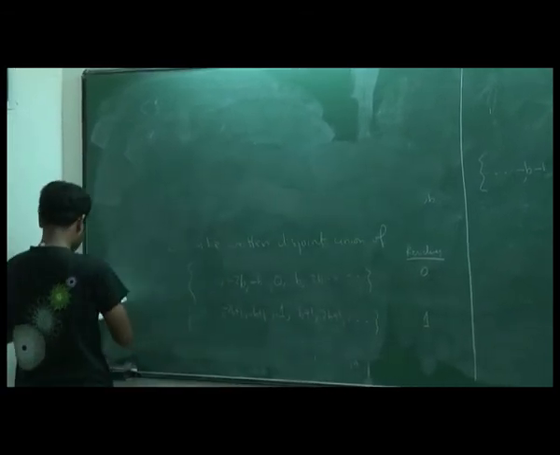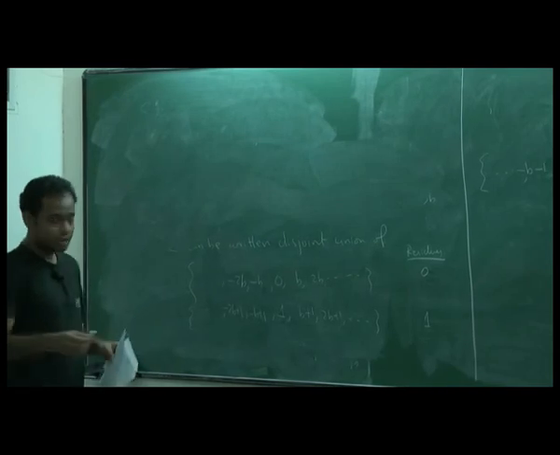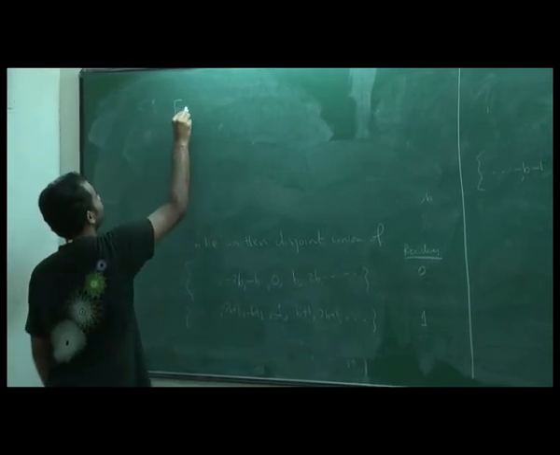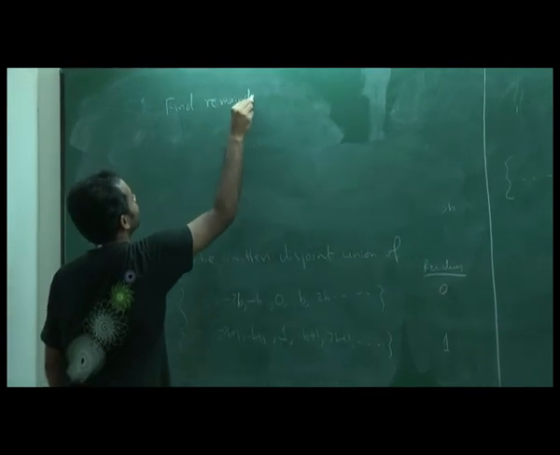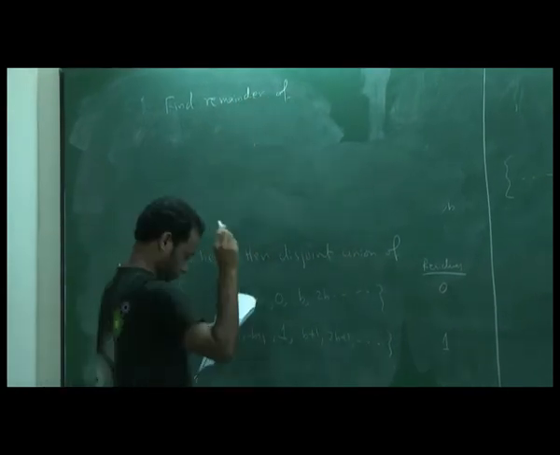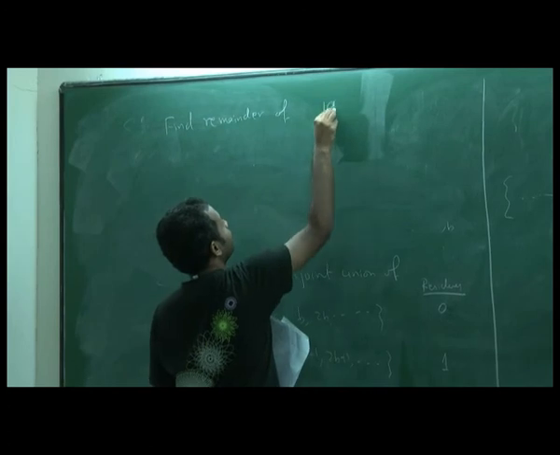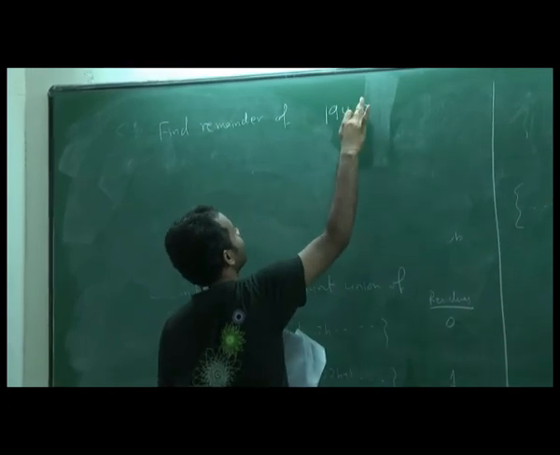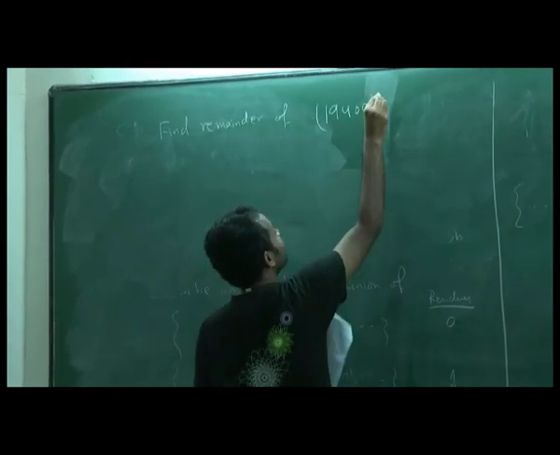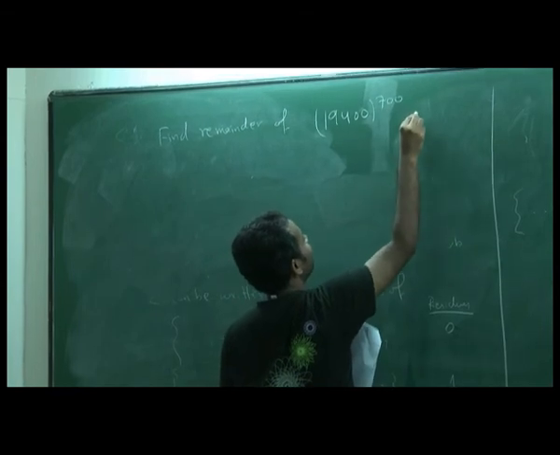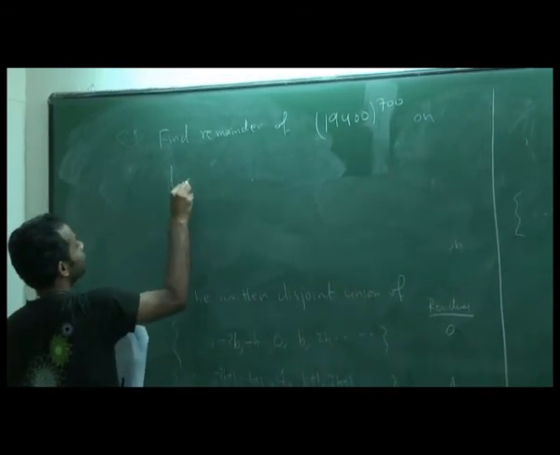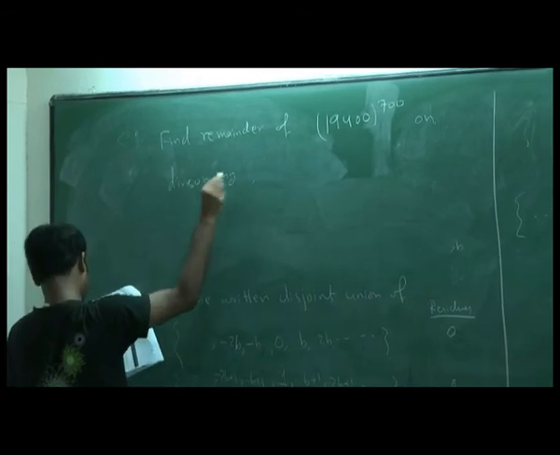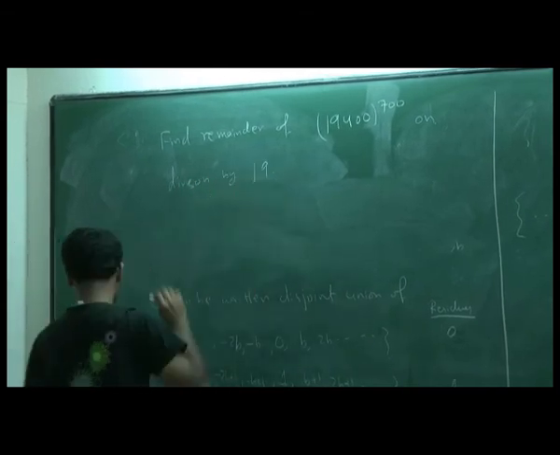The problem is to find the remainder of 19400 power 700 on division by 19.